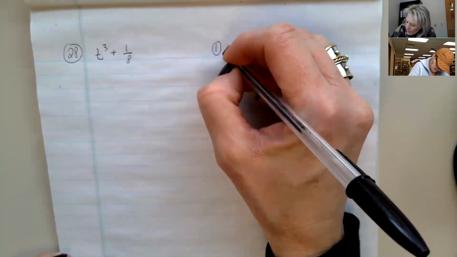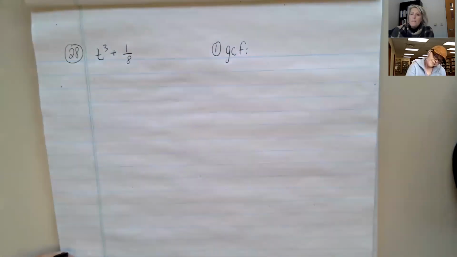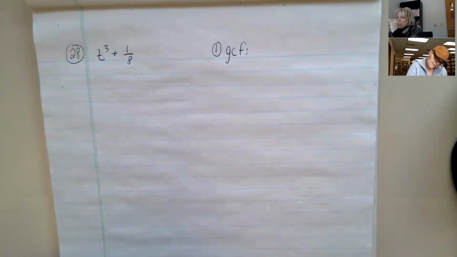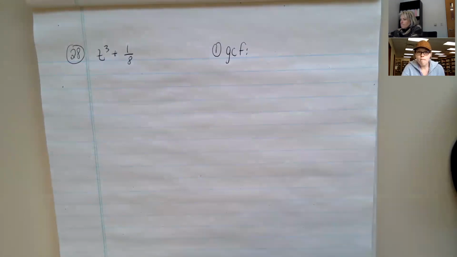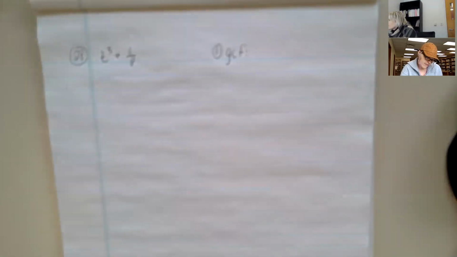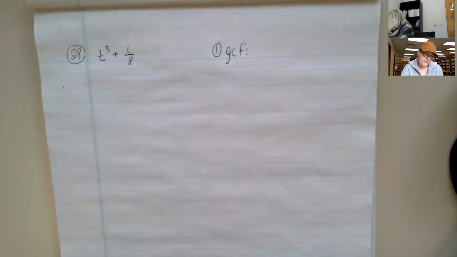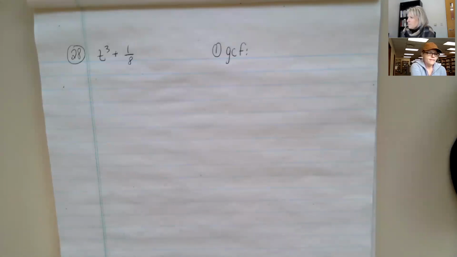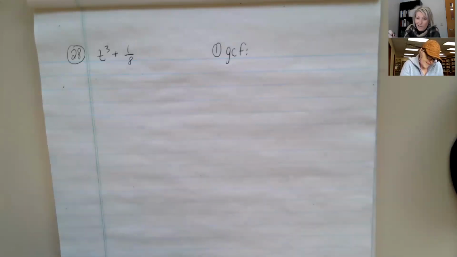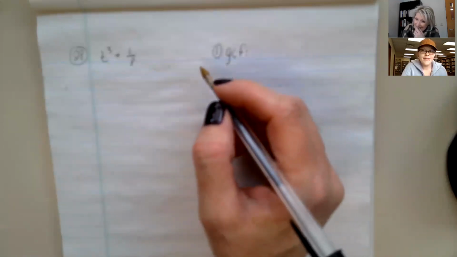So our first question is always the greatest common factor. Did we find anything that we can factor from the two terms? Just one, if that.